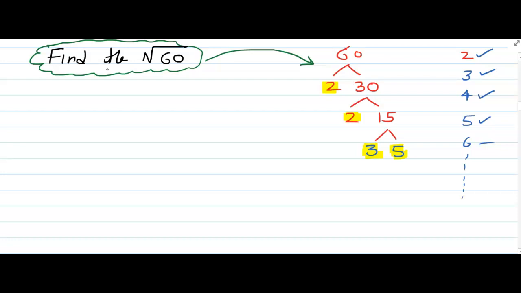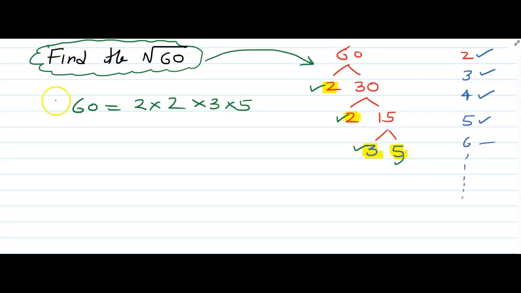You can discuss with the person sitting next to you. Okay, so this is for 60. Let's write down these numbers: 2 times another 2, then 3 and 5. So I have written here.